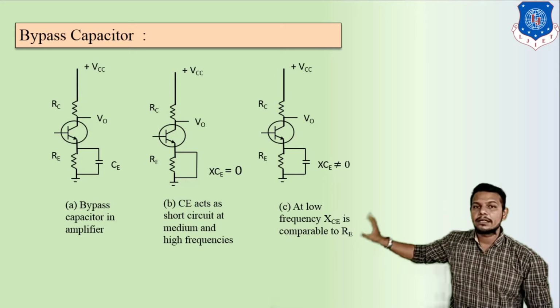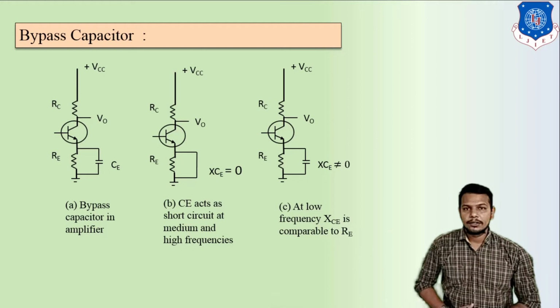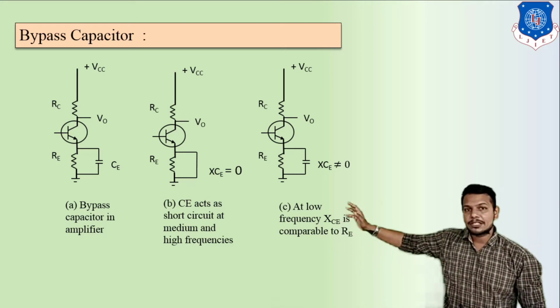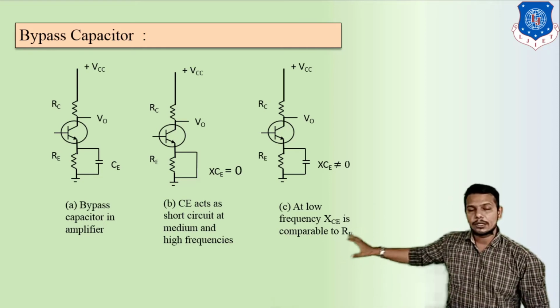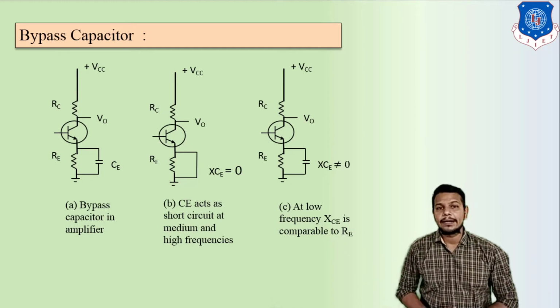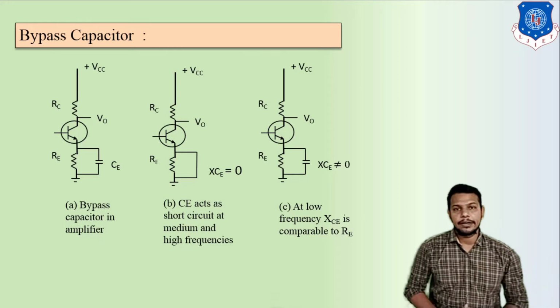Then here we can see in figure A, the bypass capacitor in an amplifier, where CE means emitter capacitor and RE means emitter resistance. Now in figure B we can see CE short circuited at medium and high frequency. How does it become short circuited?